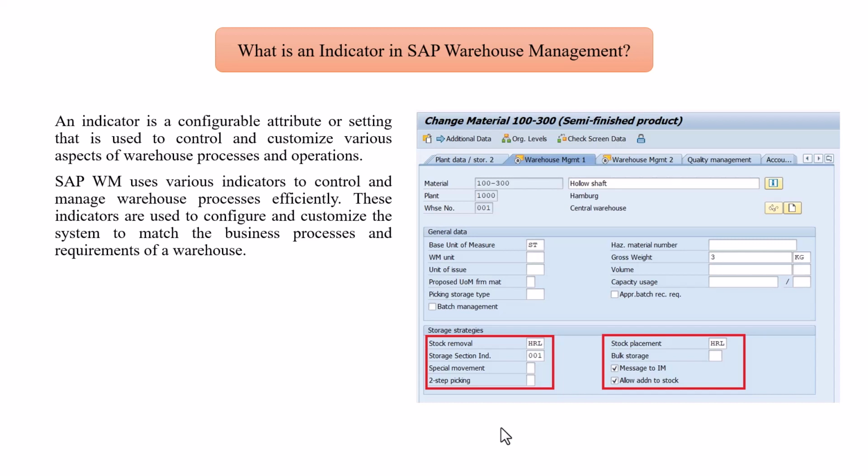Indicators are used to customize our warehouse processes like put away, picking, and internal warehouse processes. So these indicators help us to achieve our process at a very customized level.